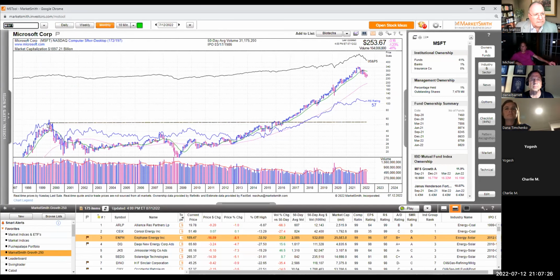It crushed it from 1998 to 2000, but it had like a 10-year run, just like Amgen did, just like Home Depot did. But look at when it peaked at the top. Microsoft was still one of the greatest stocks on the planet, but it took you 16 years to get even.